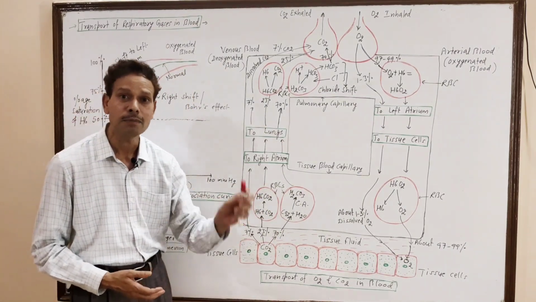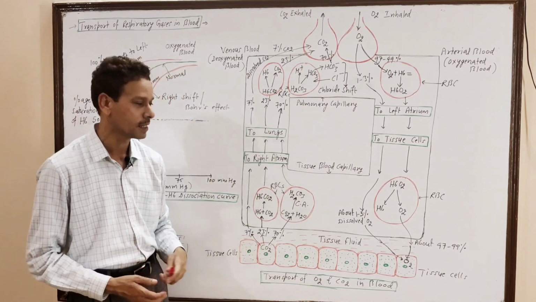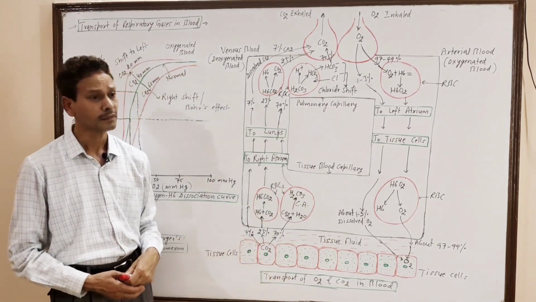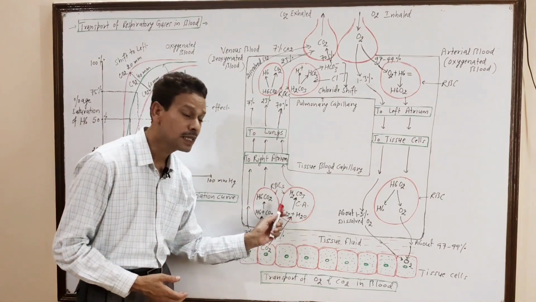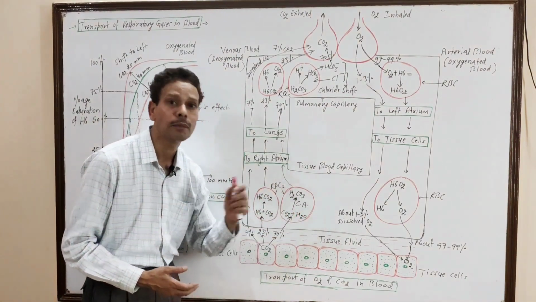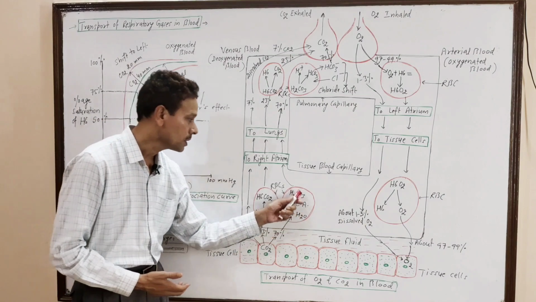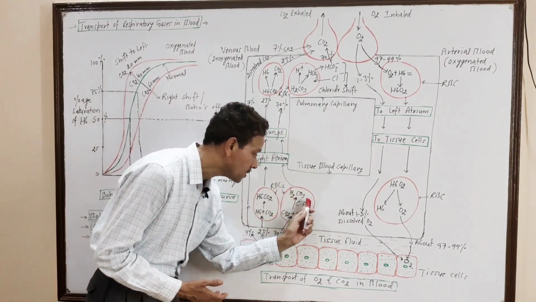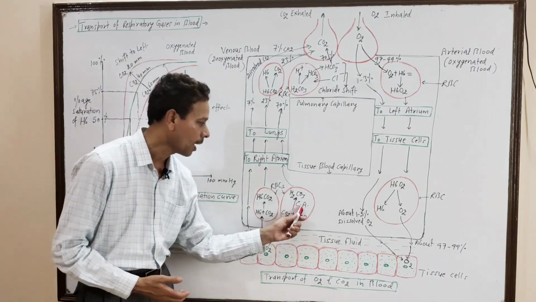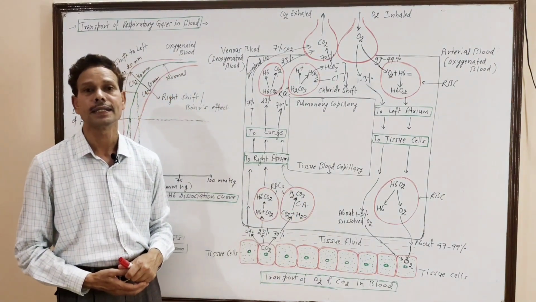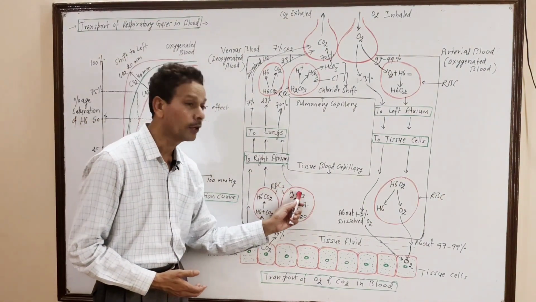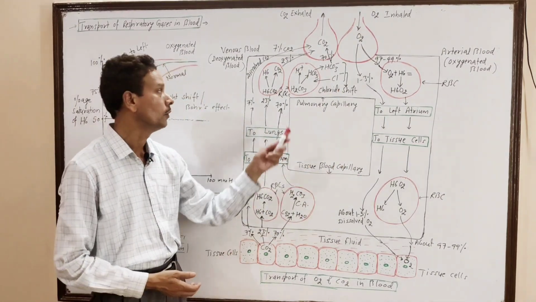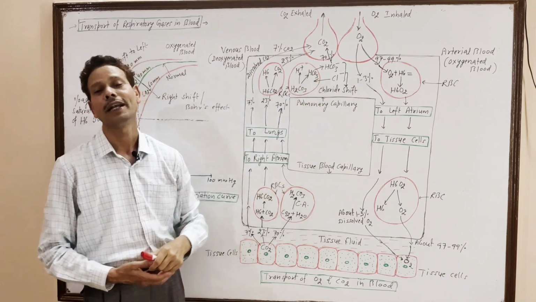The maximum transport of CO2 occurs in the form of bicarbonate ions. Here in RBCs, this CO2 interacts with water molecules to produce carbonic acid, and the reaction is catalyzed by the fastest enzyme, carbonic anhydrase. This carbonic acid, which is unstable, immediately dissociates into H ions and bicarbonate ions.